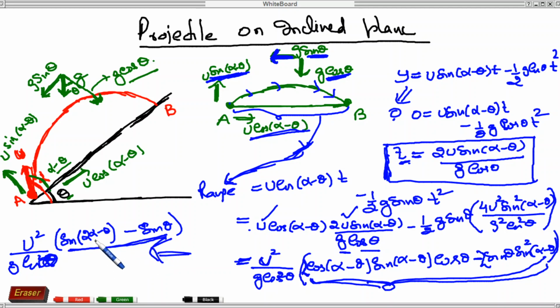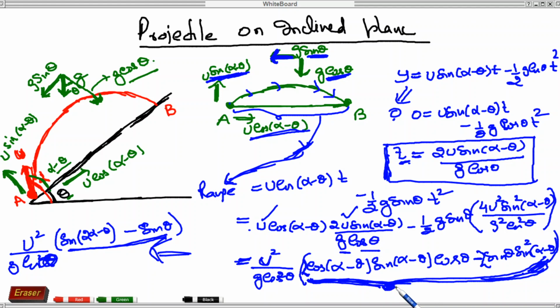If you want to see how from here it reached here, I can show you more clearly how to solve this equation. You can solve it, but there is a lot of trigonometry being used here, so I think you might not be aware of those formulas.